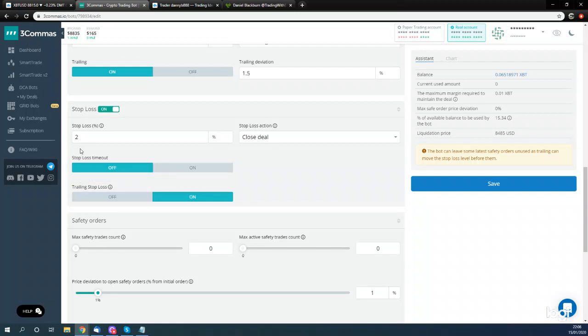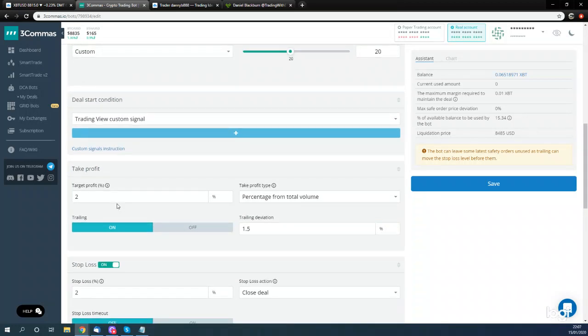So we have a 2% stop loss with a trailing stop loss, a take profit target of 2%, and a trailing deviation of 1.5%. And if you did see my previous video earlier today, I did explain the correct way the target profit works with the trailing deviation.